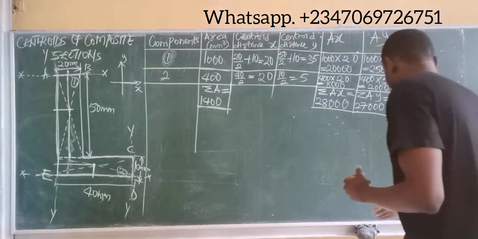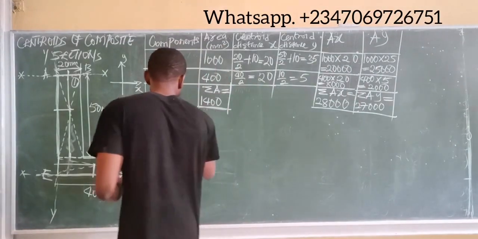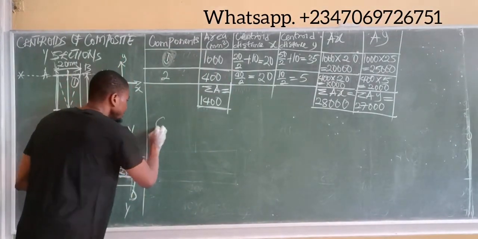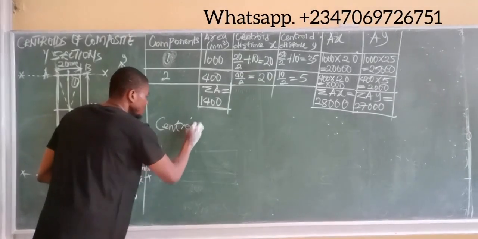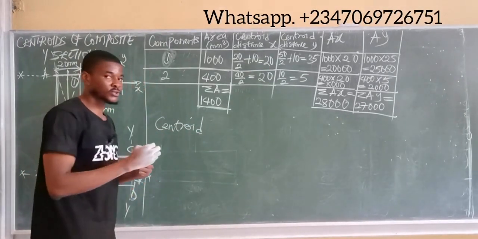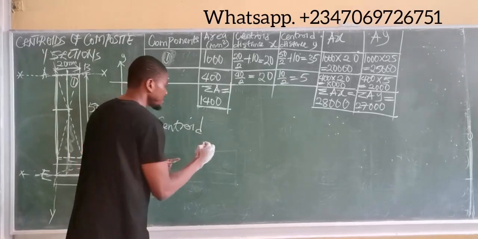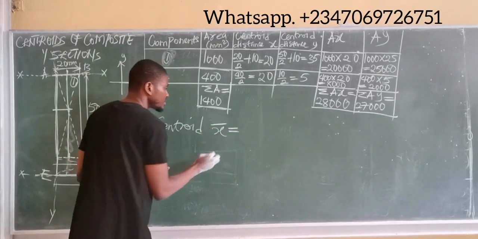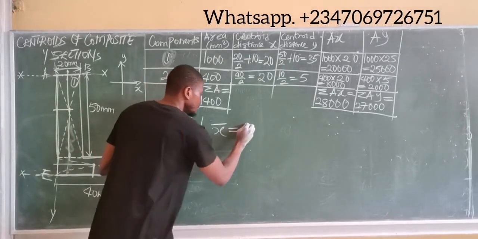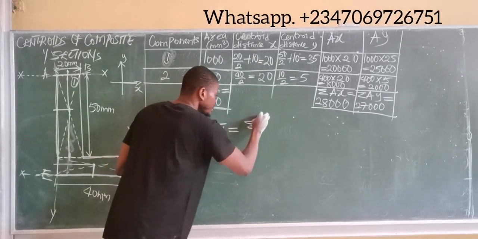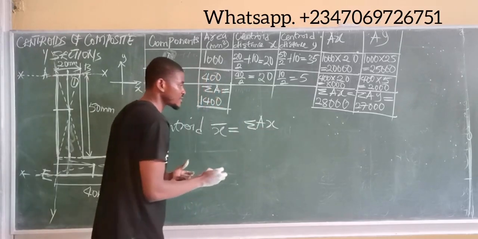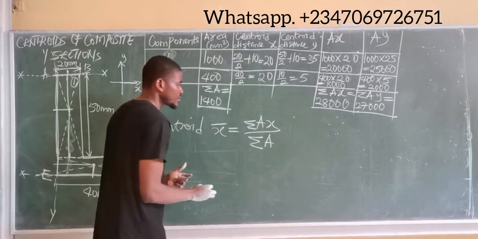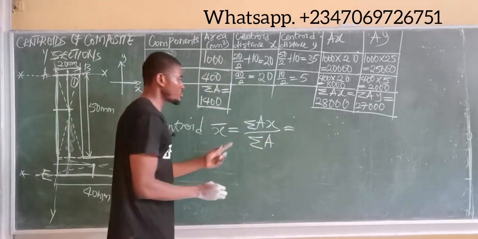At this point, the centroid is simply what we are looking for. Now we have two centroids. For the first, x bar is simply summation of area times the central distance x, all over summation of the area, and this is now equal to summation AX.